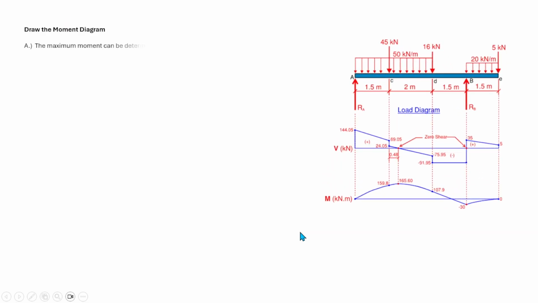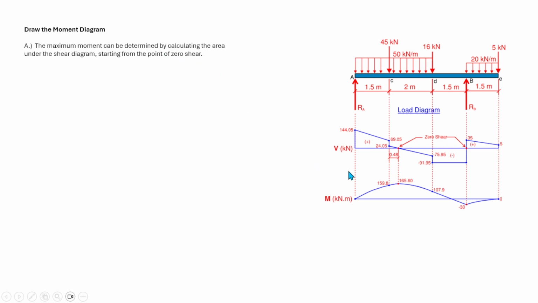So how do we draw the shear moment diagram? First of all, I have already drawn this moment diagram, so let's break it up step by step. The maximum moment can be determined by calculating the area under the shear diagram, starting from the point of zero shear.